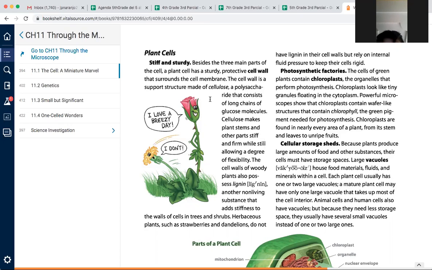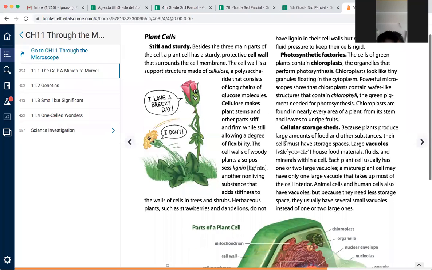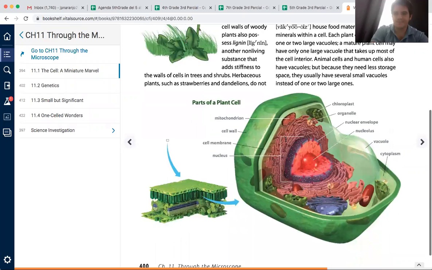A mature plant cell may have only one large vacuole that takes up most of the cell's interior. Animal cells and human cells also have vacuoles, but because they need less storage space, they usually have several small vacuoles instead of one or two large ones. Very good.